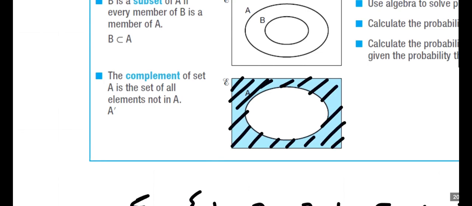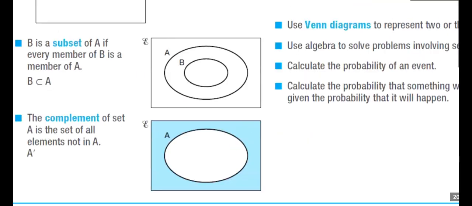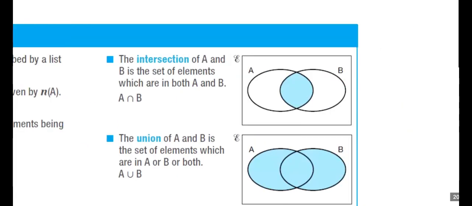So now you know what complement means. Now, what else do we have? The intersection. What does it mean when I say A intersection B? Do you know what this means? Numbers that are both in A and B. Exactly. And on a Venn diagram, it looks like the common part of A and B. So where they intersect, basically, that's why it's called the intersection.